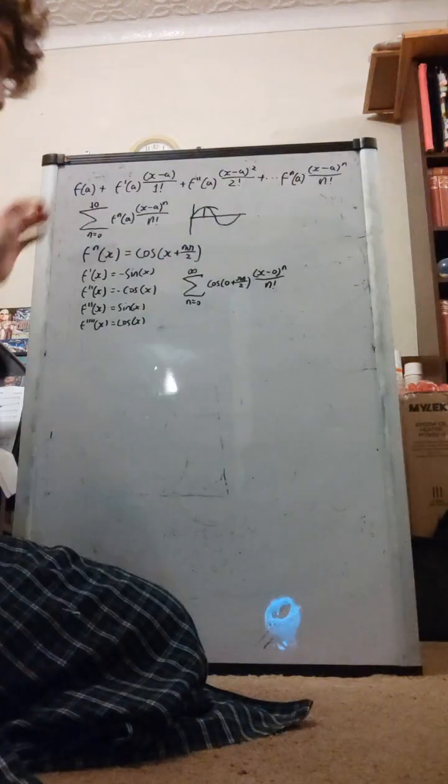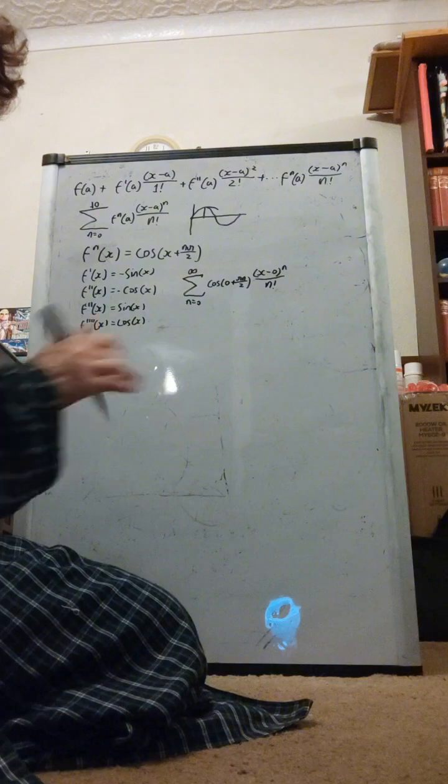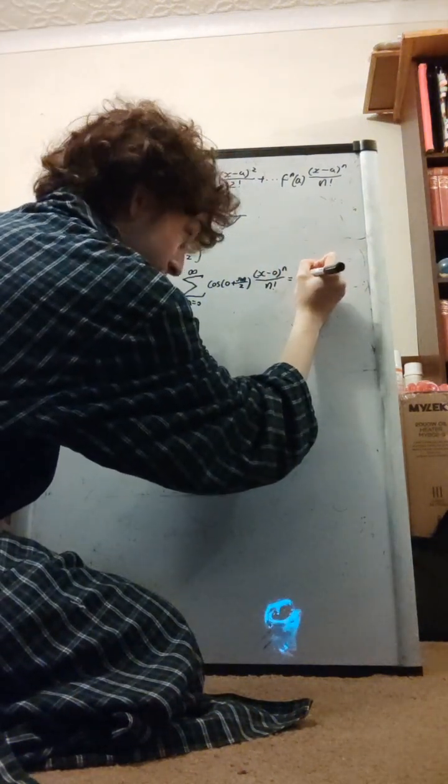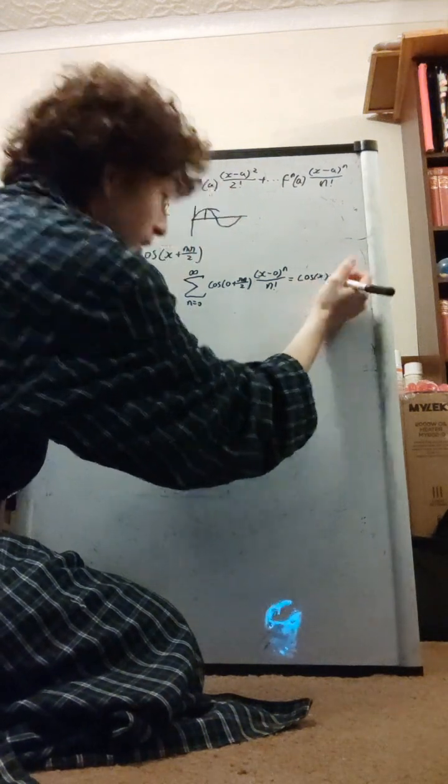When I inputted this into a calculator, it gave me back cosine x, right? And so I knew I was on the right path here.